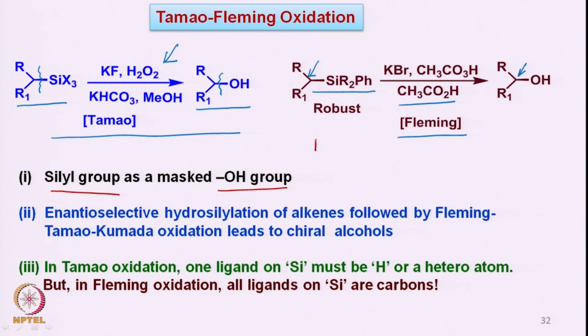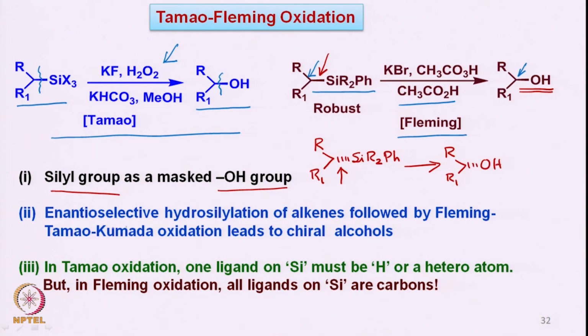That means if this substrate has this type of silicon group attached, where the absolute stereochemistry is like this or like this, so, if one starts with this type of absolute stereochemistry, the hydroxy group also is coming from the same side. So if one takes this substrate, then one can get the corresponding alcohol which would look like this.